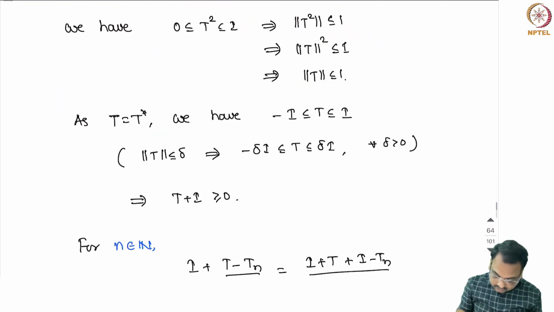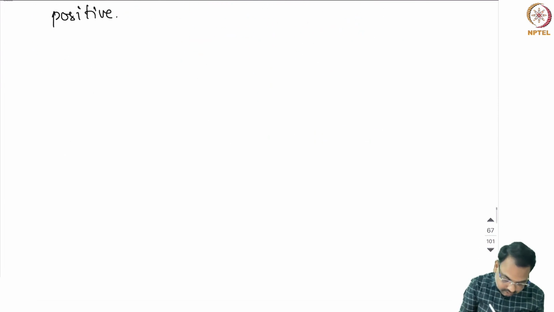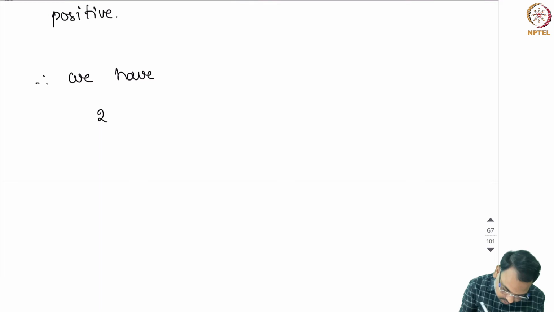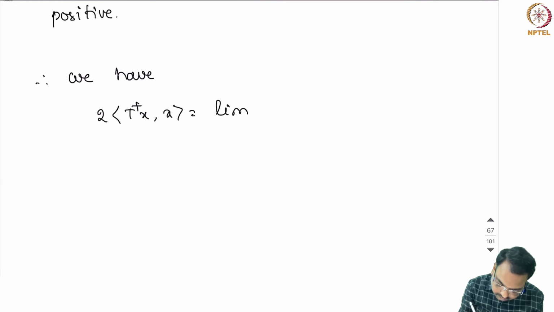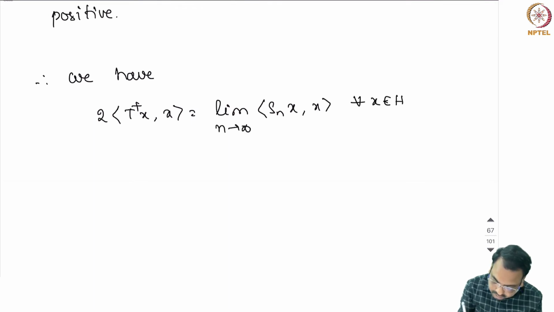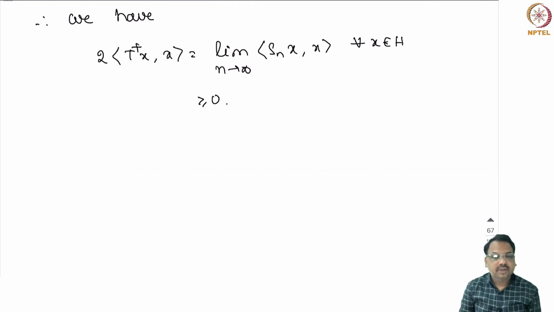So from this we can conclude that, so therefore we have the limit. Now all the operators on the right hand side are positive, hence we can say that the left hand side operator is positive. So from this we can conclude that T plus is positive.